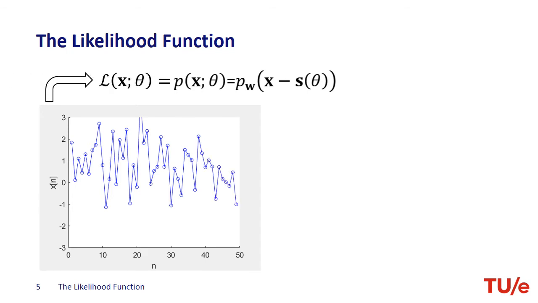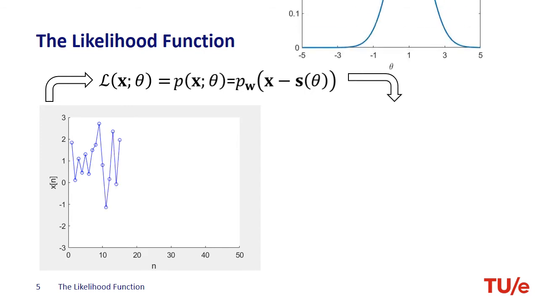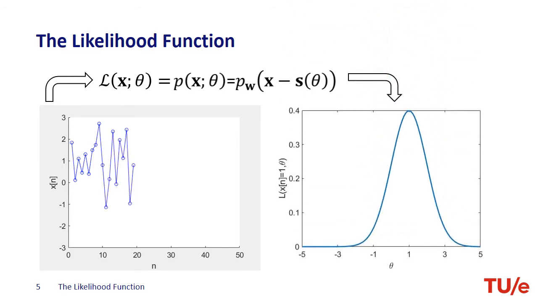As the name implies, this function gives the likelihood of getting the data x that we observed for different values of the variable theta. At this point, please note that the plot of the likelihood on the right-hand side still concerns a single sample. So, if we are given a single sample, we can calculate the likelihood of our data for different values of theta according to the plot on the right-hand side.